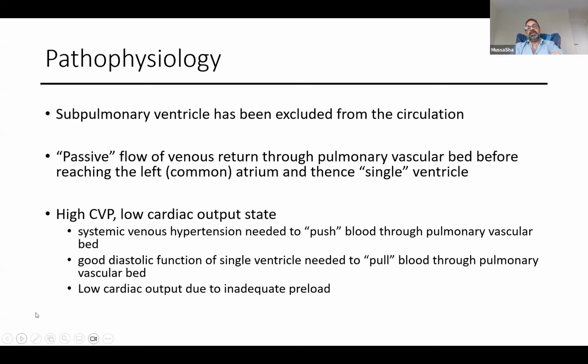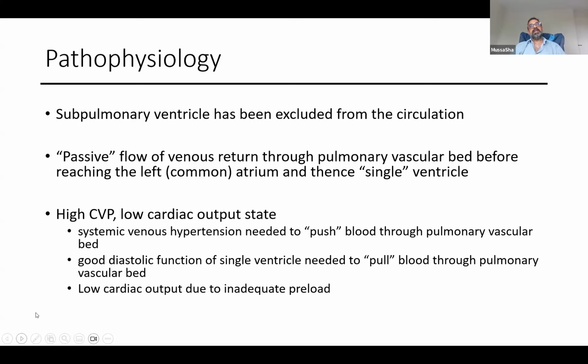the ventricle. And the issue is that because the blood had to go through the pulmonary vascular bed to get into the ventricle, we have a situation of inadequate preload. So the ventricle was not being filled adequately, and therefore the cardiac output was relatively low.